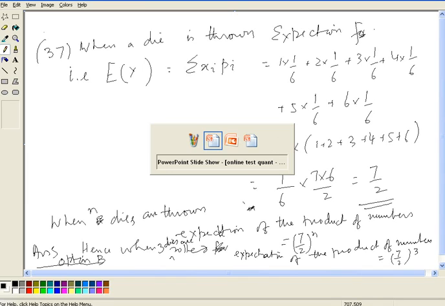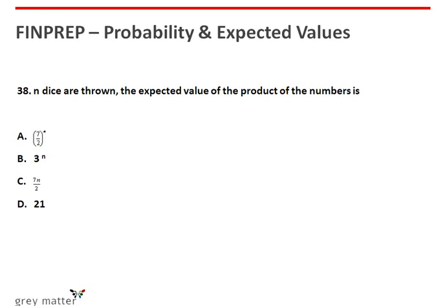So the answer is, as per PowerPoint presentation, A option, which says 7 by 2 whole power n.